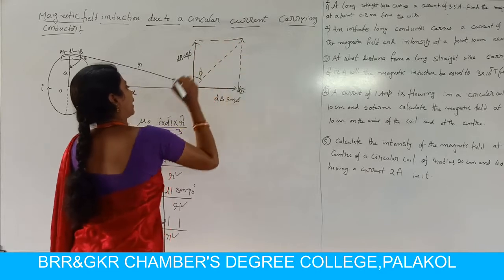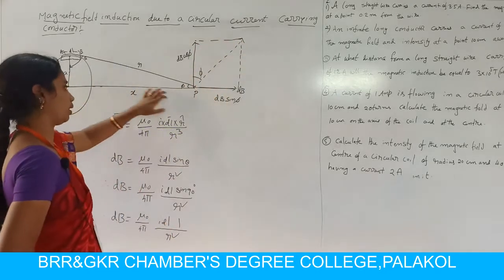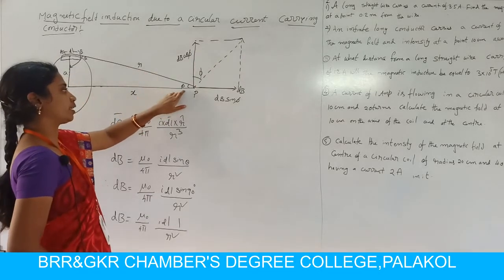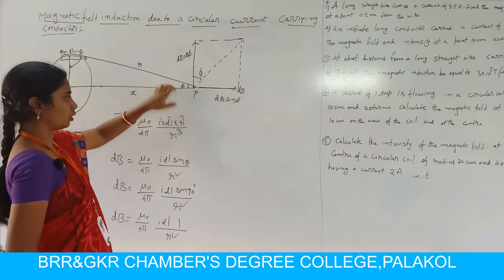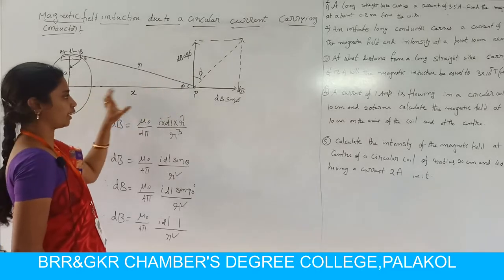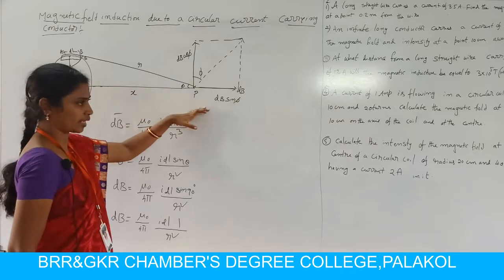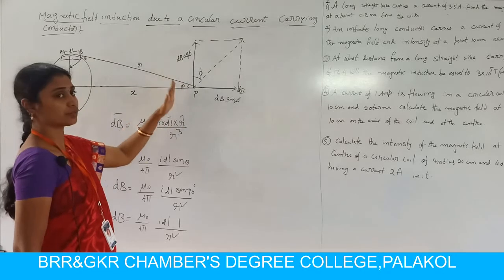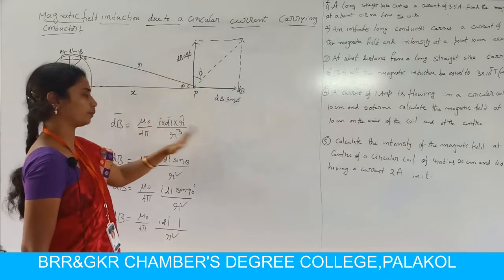So this dB by this elemental length is divided into two parts, dB sin phi along the axis and dB cos phi perpendicular to the axis.